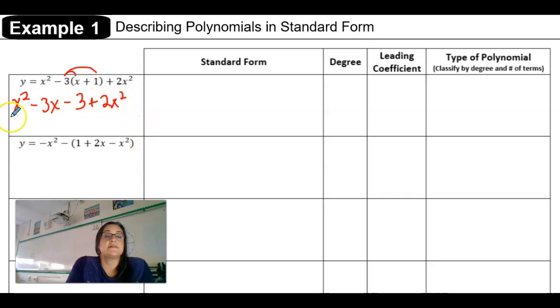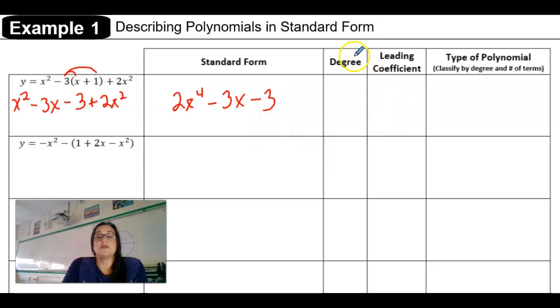And then to get into standard form, I need to combine like terms. So 2x squared plus x squared would be 2x to the 4th power. And then my linear term will come next, so minus 3x, and then my constant is minus 3.